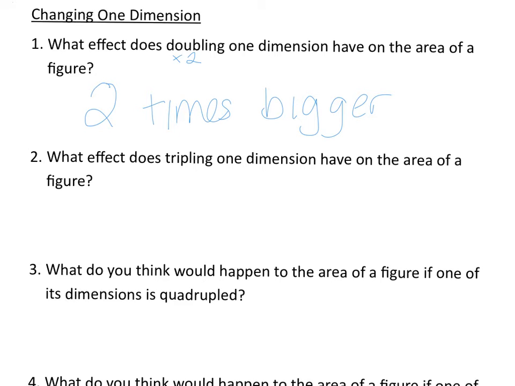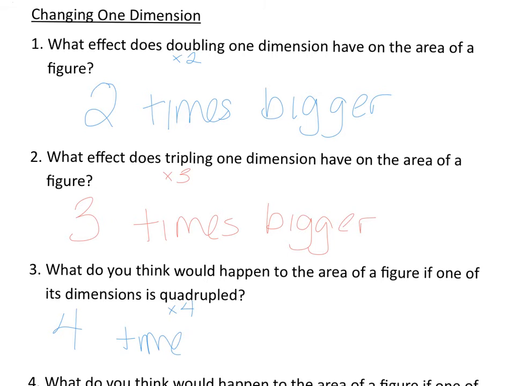And with the triangles, when we tripled one dimension, meaning we multiplied it by 3, it became 3 times bigger. And so what do you think would happen to the area if one of the dimensions was quadrupled, meaning we multiplied one of the sides by 4? Well, the answer is the area would be 4 times bigger.